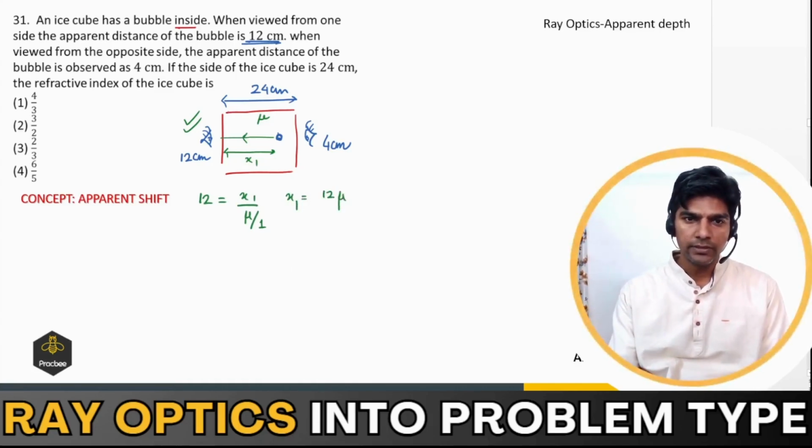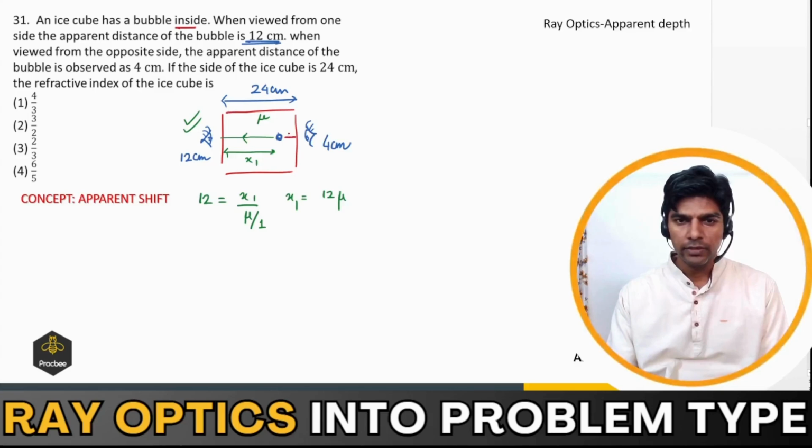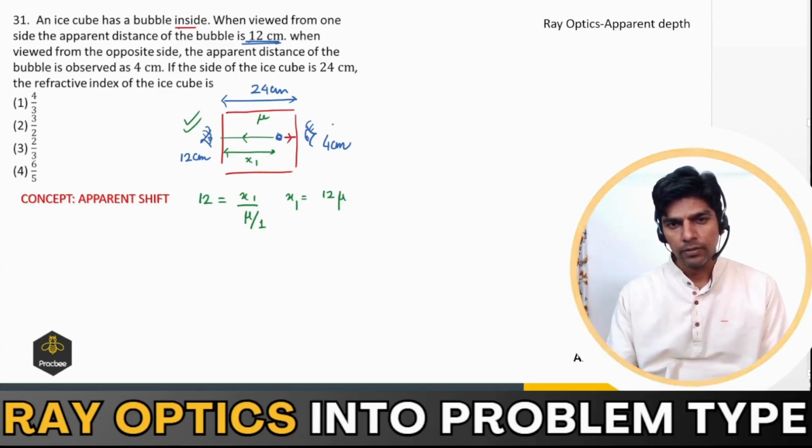Similarly, if we consider rays going in the right direction, for this observer the apparent depth is given as 4. So that will be the original depth, let me call this x2, divided by the refractive index of the object upon the refractive index of the observer. So x2 comes out to be 4 times mu.